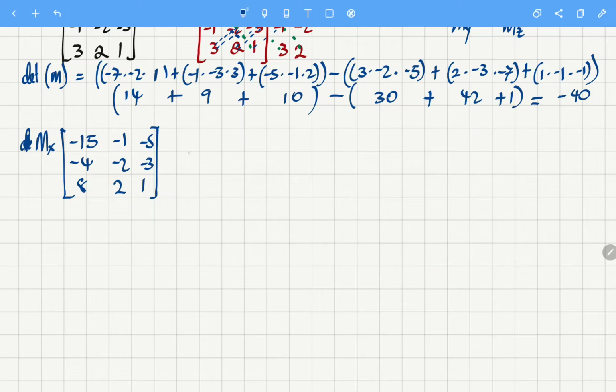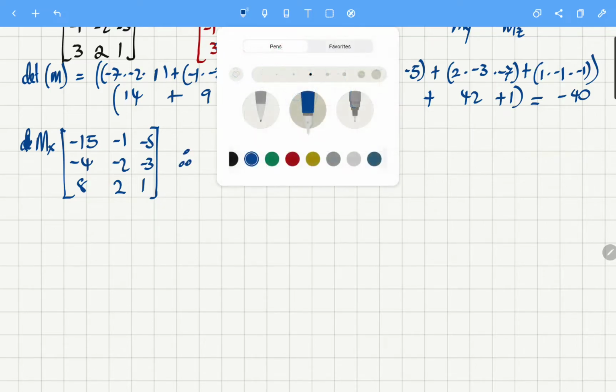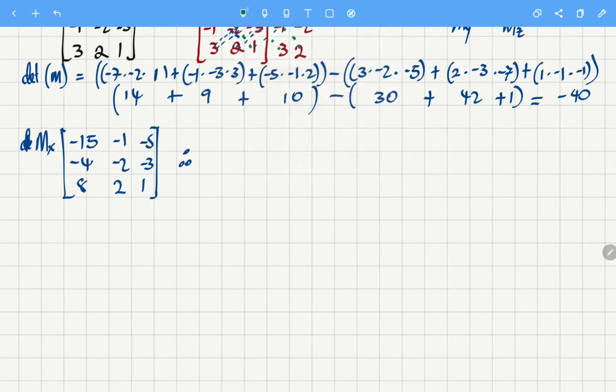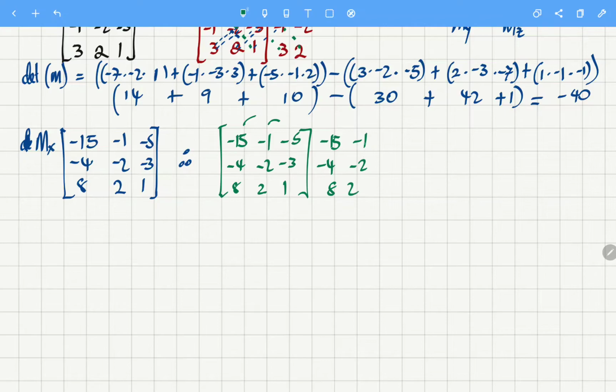So minus 15, minus 1, minus 4; minus 2, 8, and then 2; then minus 5, minus 3, 1. Then these two columns will come out, and there'll be minus 15, minus 1, minus 4, minus 2, then 8, then 2.